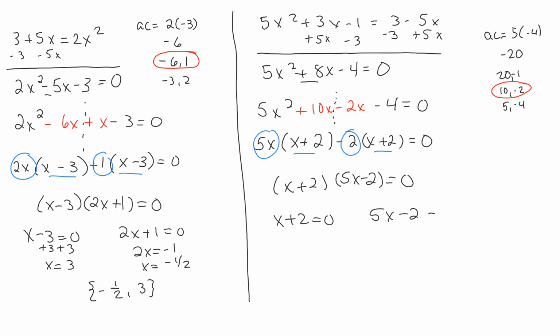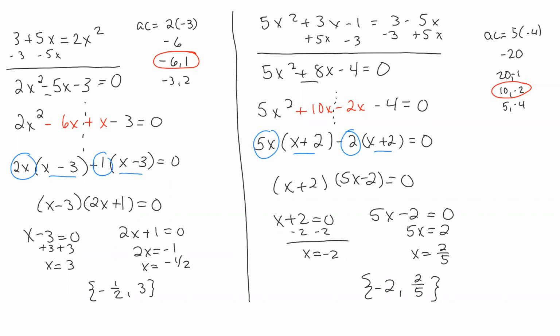I take 5x minus 2, set it equal to 0, and then I solve. For x plus 2 equals 0, I subtract 2, and I get x equals negative 2. For 5x minus 2 equals 0, I start by adding 2 to both sides. That gives me 5x equals 2. And then I divide by 5, and I get x equals 2/5. So my solutions are negative 2 and 2/5.